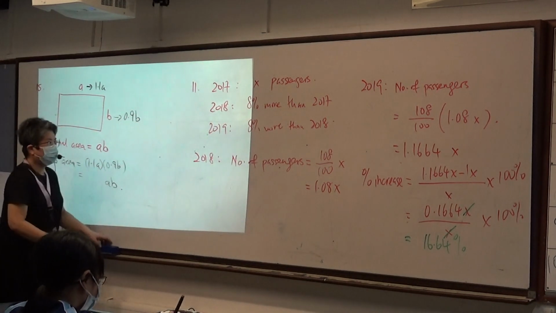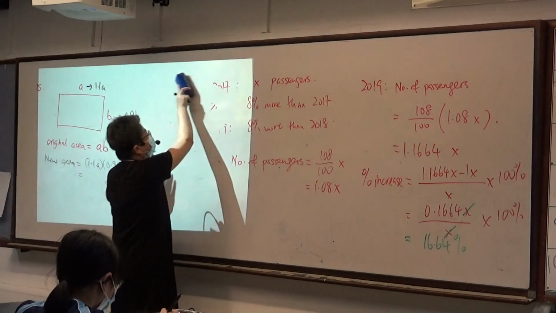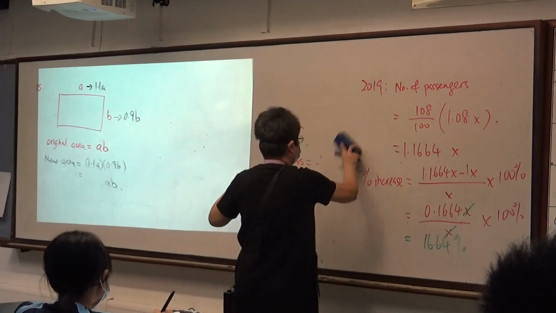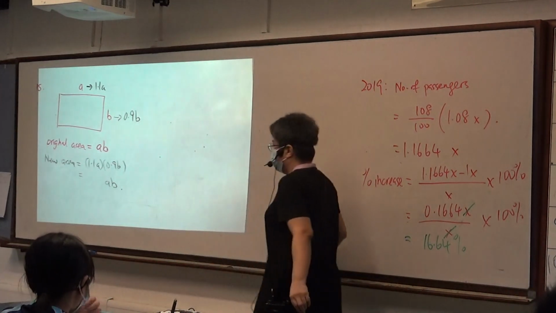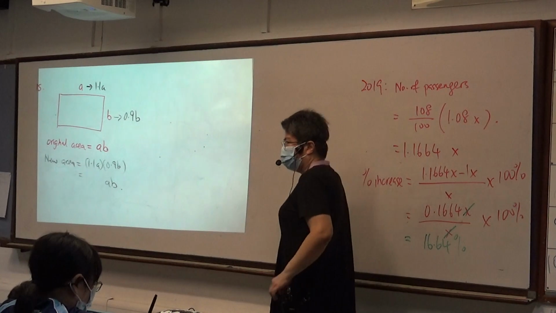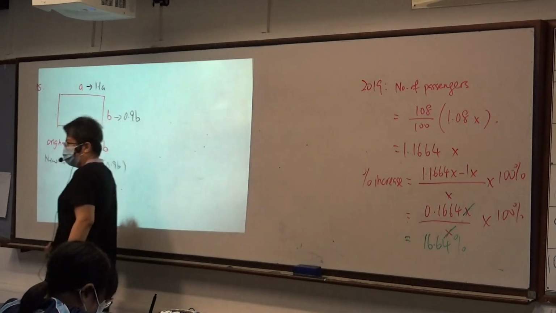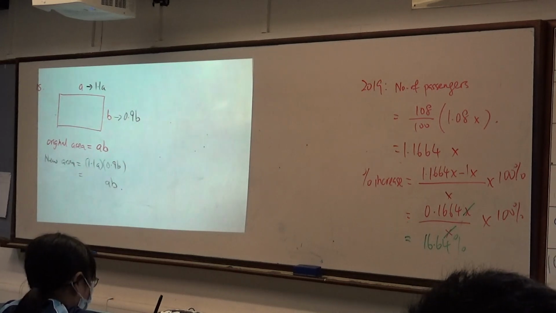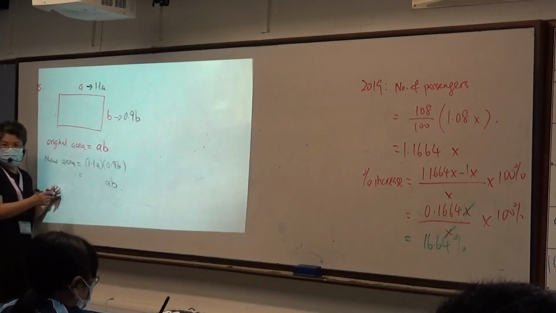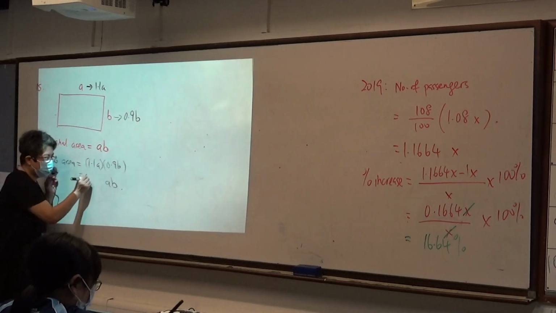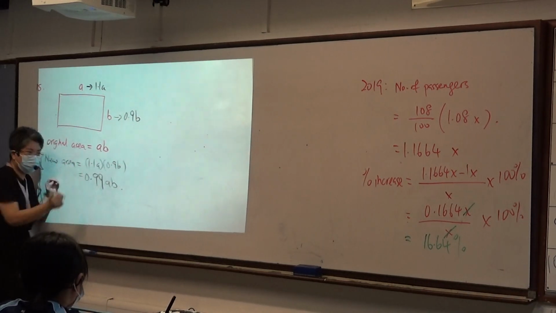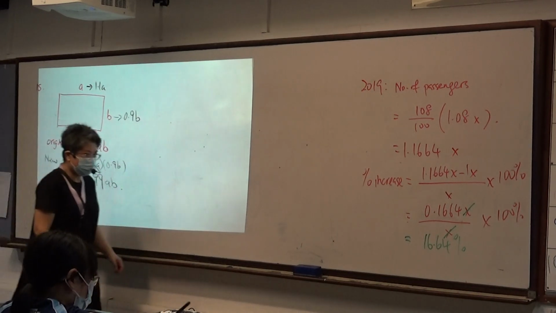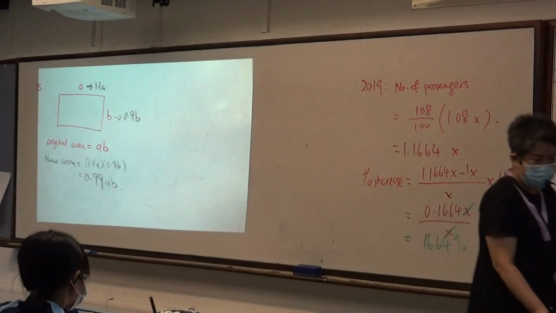How many AB? 0.99 AB. Is this correct? Then let's take a look. 0.99 AB.